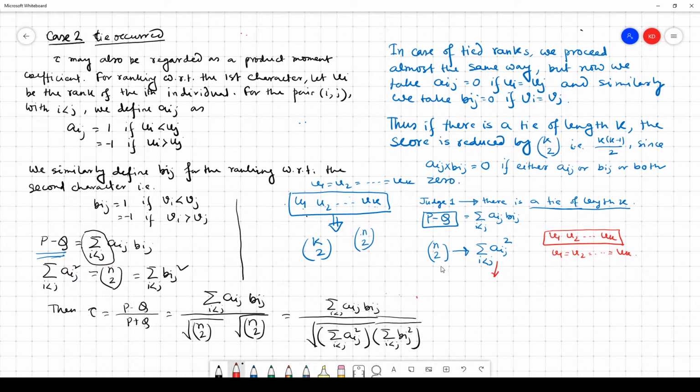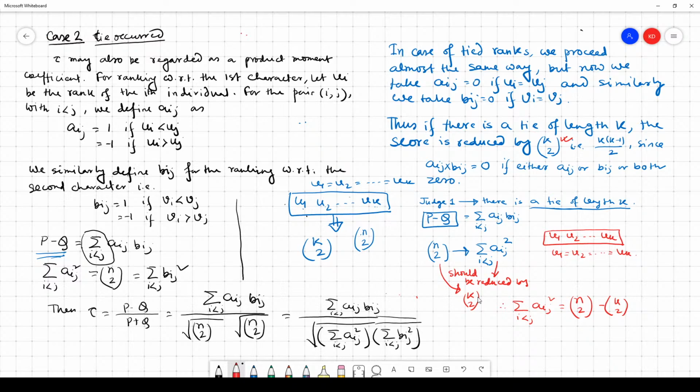It should be reduced by how much? kC2. And therefore the summation i less than j aij square should be nC2 minus kC2.